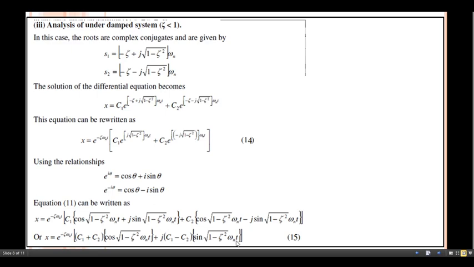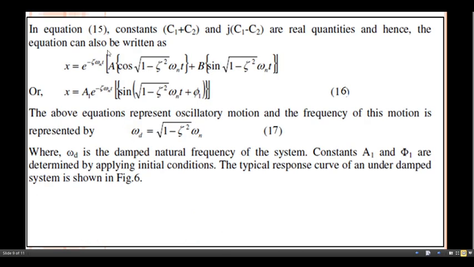Nothing but equation number 15. In equation number 15, constants c1 plus c2 and j into c1 minus c2 are real quantities, and hence the equation can be written as x equals e raised to minus zeta omega nt into bracket a into cos of square root of 1 minus zeta square into omega nt plus b into sine of square root of 1 minus zeta square into omega nt.